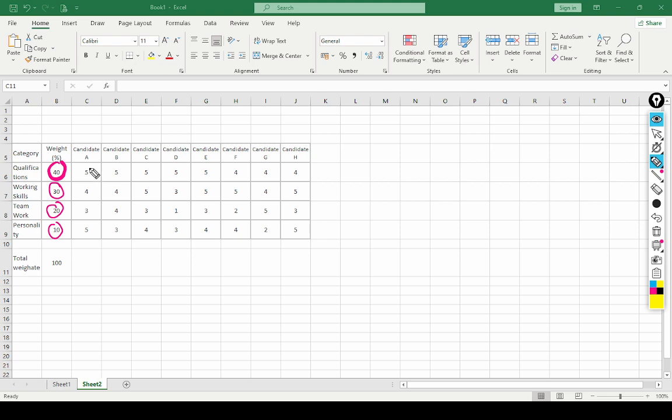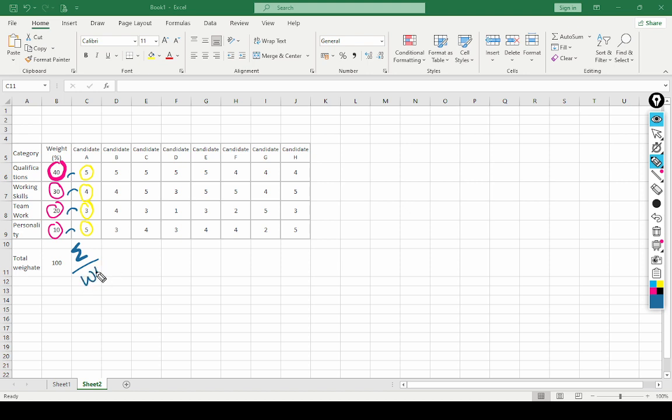Now you got some value, the weightage obtained by the candidate. Now you need to multiply this one with this one, and this one with this one. After adding all the multiplications, you are going to get some value. Then it is to be divided by the total weightage.